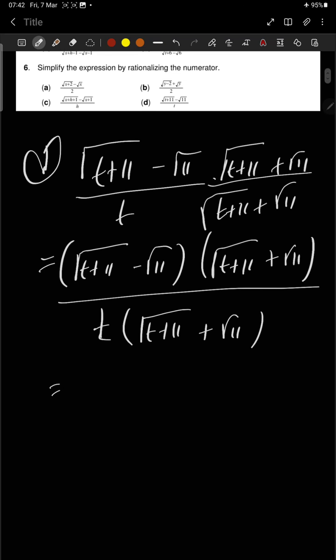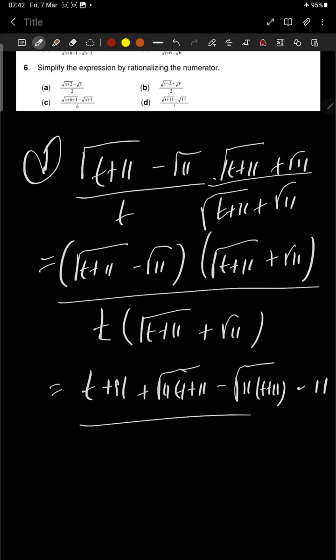So now if I expand this, I'm going to have t plus 11, plus 11, then t plus 11, then minus 11, then t plus 11, then minus 11 over t, square root of t plus 11 plus the square root of 11.